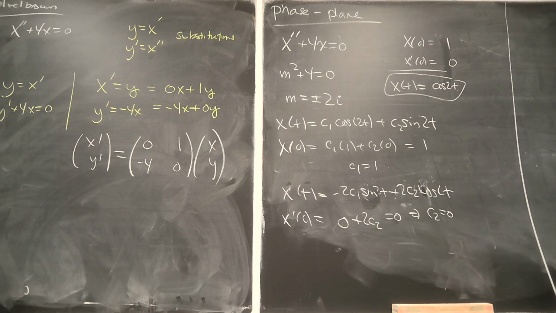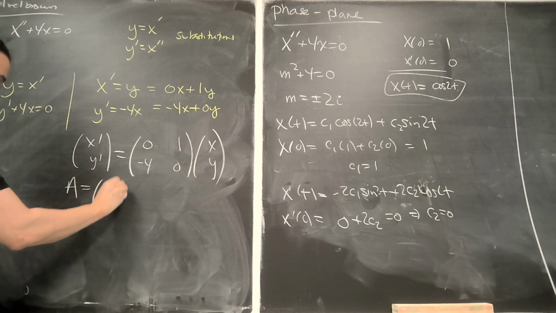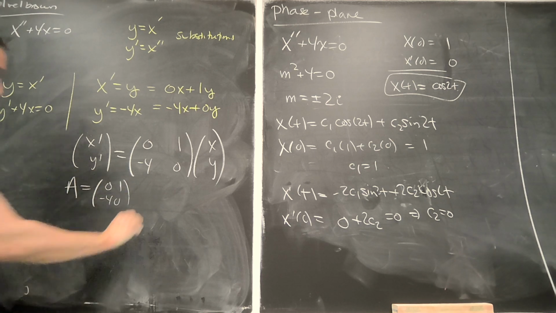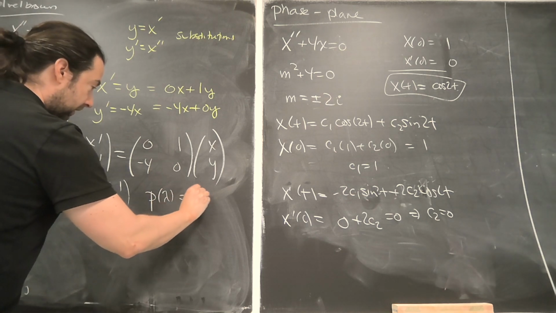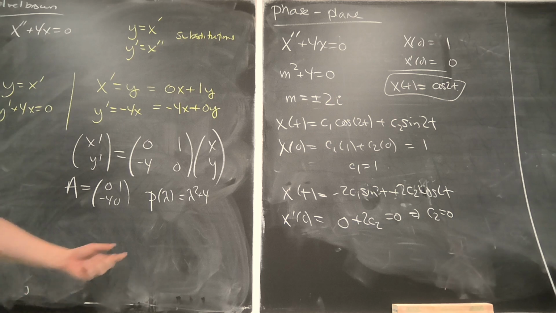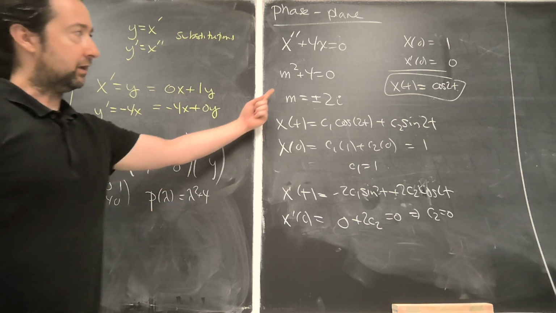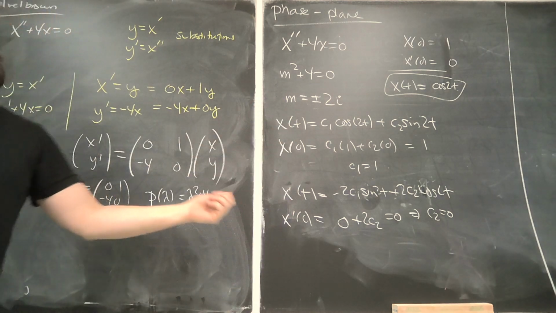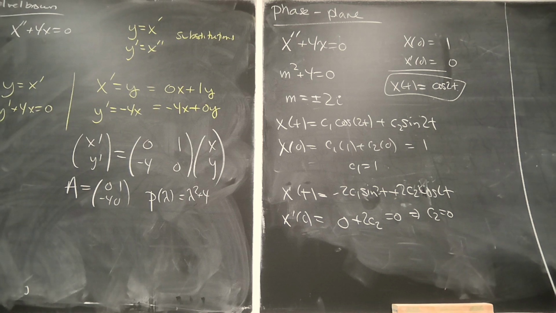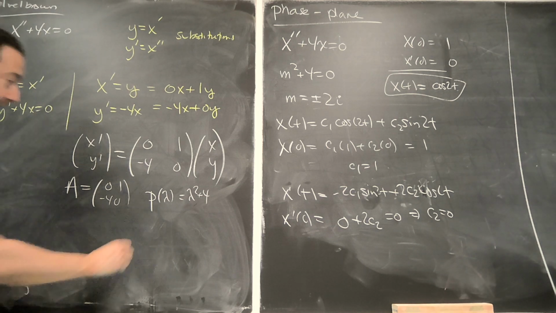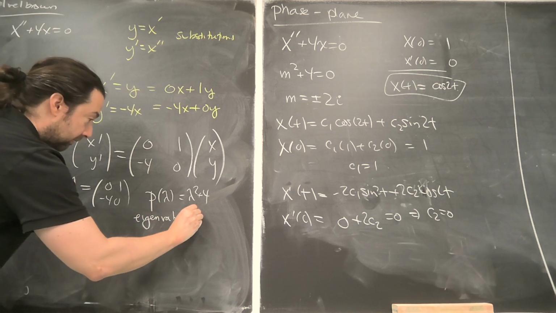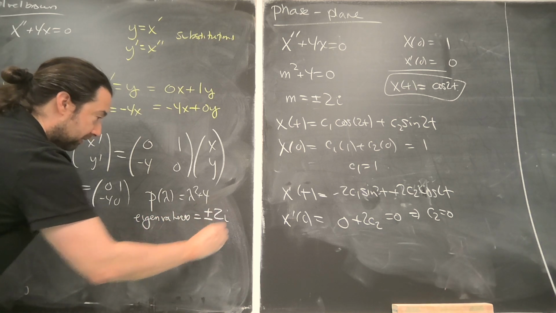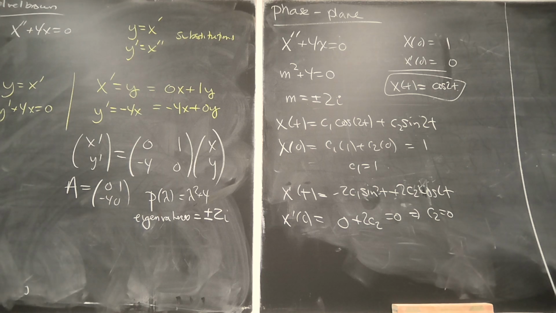If I look at the characteristic polynomial for this matrix A, so A is equal to 0, 1, minus 4, 0, it has characteristic polynomial lambda squared plus 4. The characteristic polynomial of the matrix and the auxiliary polynomial for the differential equation match, which is not a surprise. It's not an accident. And so that means our eigenvalues are plus or minus 2i, which is the same as the roots of the characteristic polynomial.